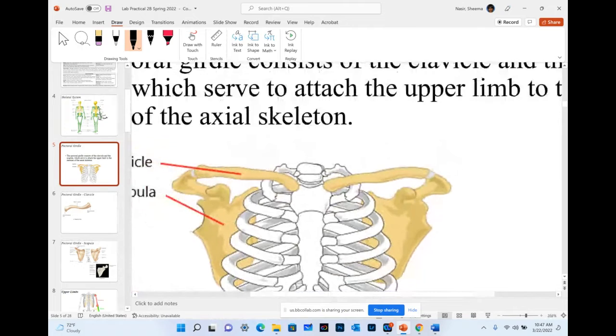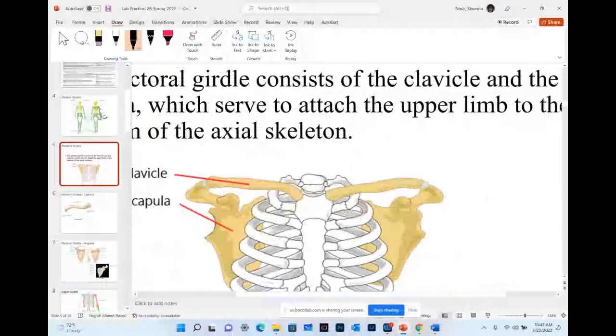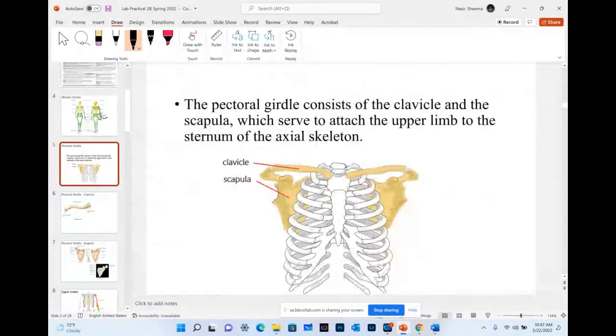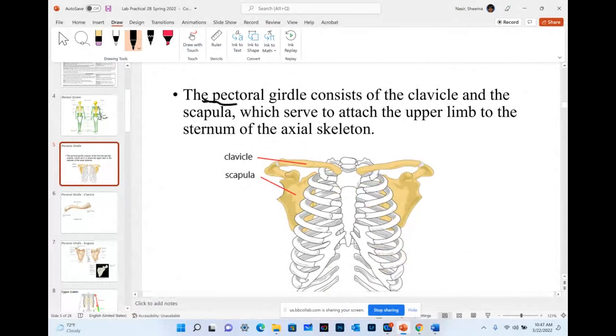Again, here is your pectoral girdle. Pectoral girdle is made up of 2 bones, 1 and 2, and a joint.